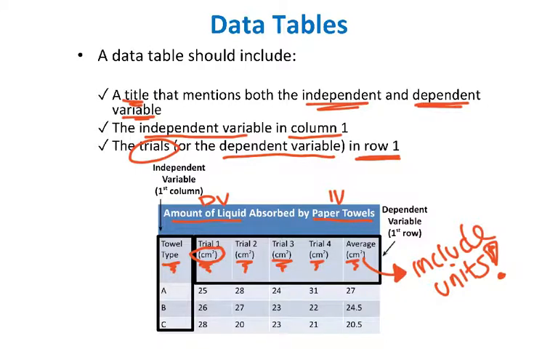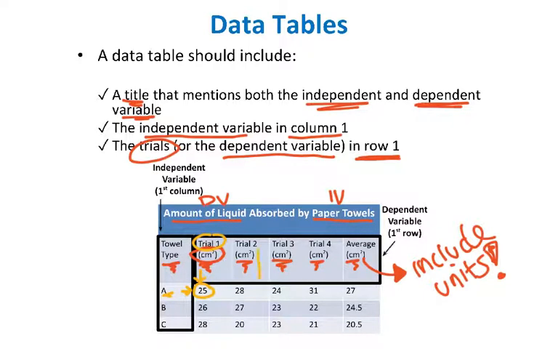So then you can see that this data table has been filled in, right? So here's how you read this. For towel type A, trial 1, I'm going to go over and I'm going to go down, and you can see that towel type A absorbed 25 centimeters squared of liquid for trial 1, okay? What about towel type A, trial 2?